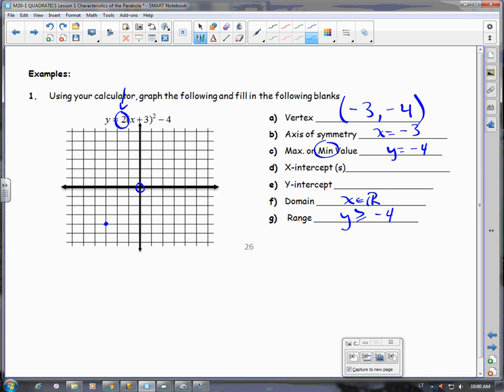So the a value actually is what tells us no. Instead of going over 1 and up 1, I should go over 1 and up 2. Instead of going over 2 and up 4, I should go over 2 and up 8, right? 2 times, exactly. So 1, 2, 3, 4, 5, 6, 7, 8. And then the nice thing is I only have to do that once, and then it's symmetrical from there, right?